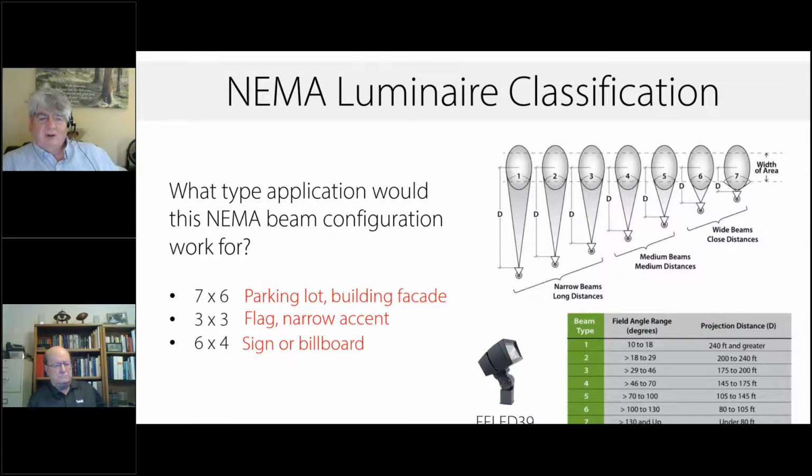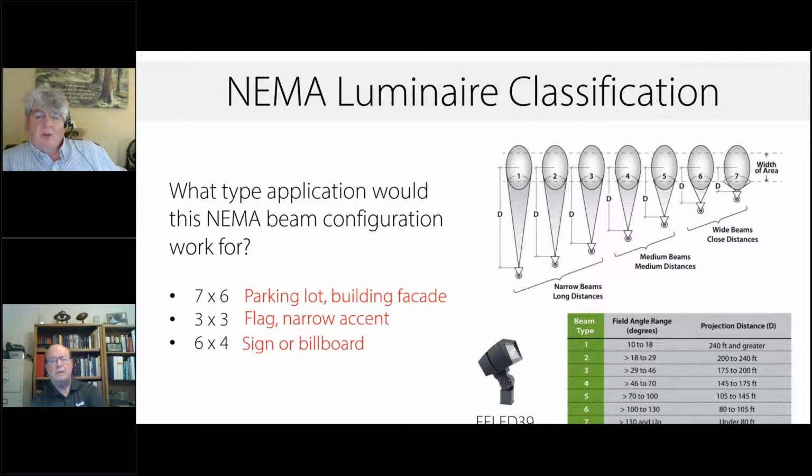So you'll see over here on the left where it says 7x6 parking lot building facade. That's telling us that it's a NEMA 7 distribution in the horizontal and a NEMA 6 distribution in the vertical. So the 6 is 100 to 130 degrees, and the 7 is 130 degrees right up to 180 and beyond if they can squeeze it out.